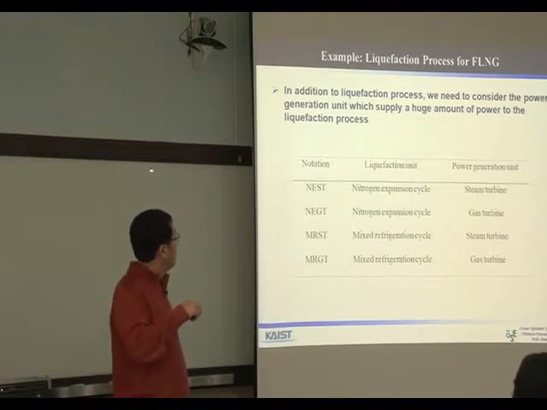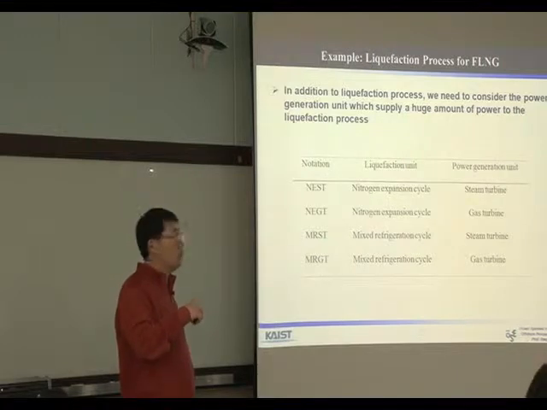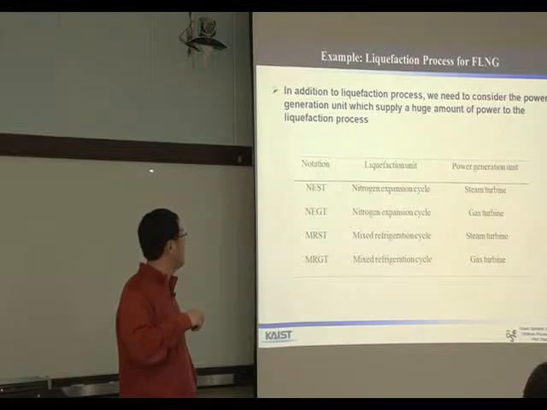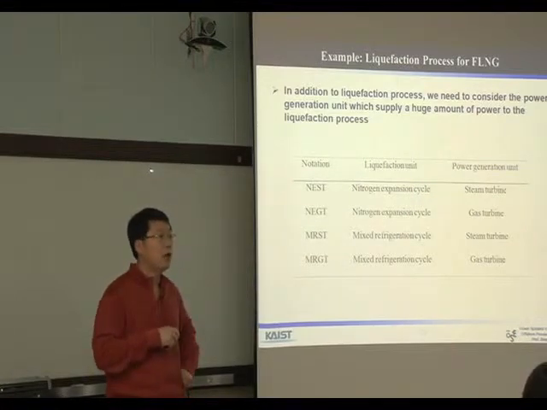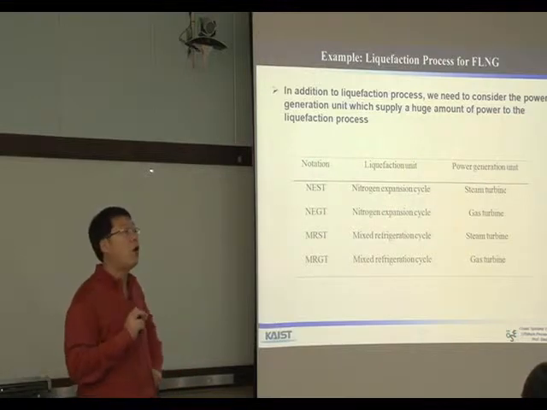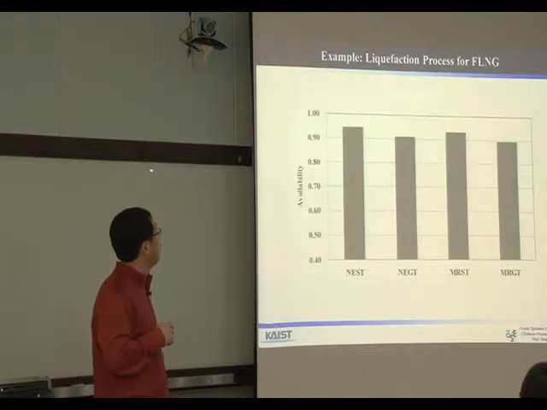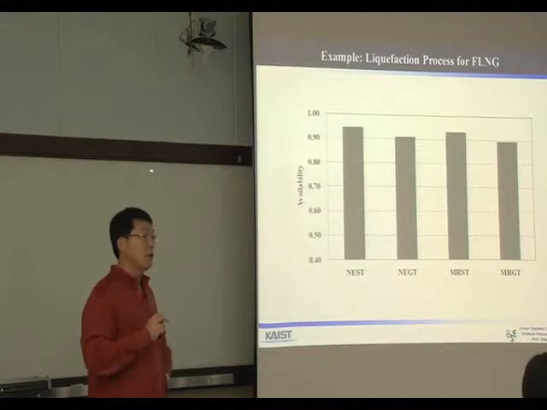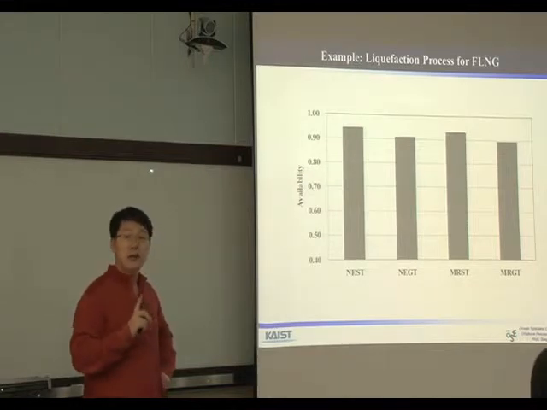So we consider four combinations. NEST is nitrogen expander plus steam turbine, nitrogen expansion cycle plus gas turbine, mixed refrigerant plus steam turbine, and mixed refrigerant with gas turbine. So we compared four options. The first thing is we estimate the availability.